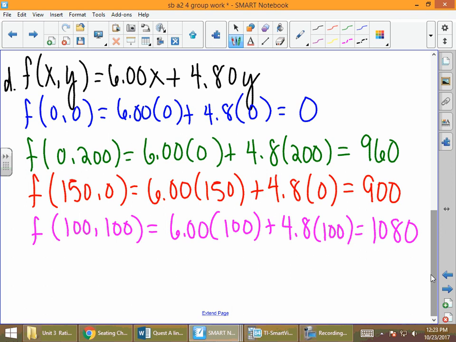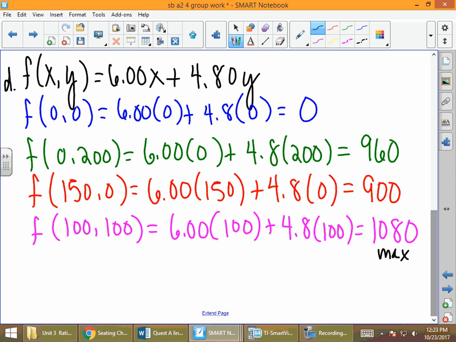And this is going to give us the information that we need to answer this final question in part D, which says determine the number of each type of cookie that is needed to make a maximum profit, and what is the profit. So we're looking at these values here, and our max is here at 1,080.